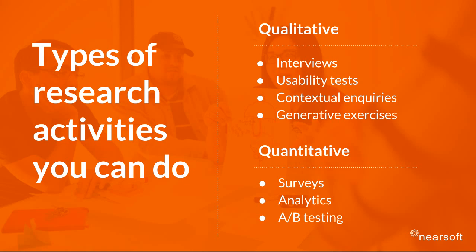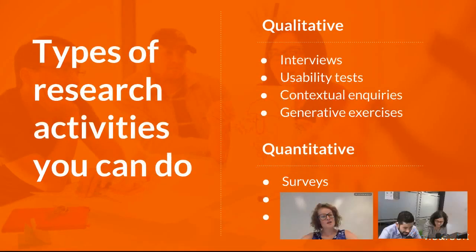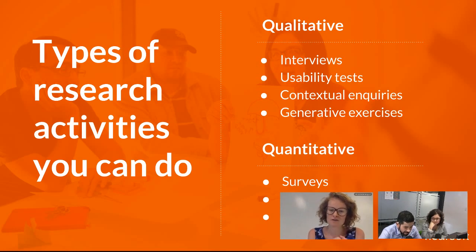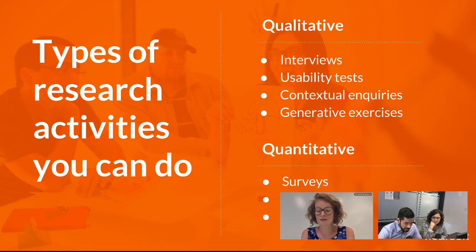Georgie, perhaps? Yeah, so for me, qual and quant are two sides of the same coin. So you're only ever going to get half a picture if you just do qualitative, or you're only ever going to get half a picture if you just do quantitative. So typically we see a lot of companies or a lot of startups investing quite heavily in A/B testing or MVT, so multivariate testing.